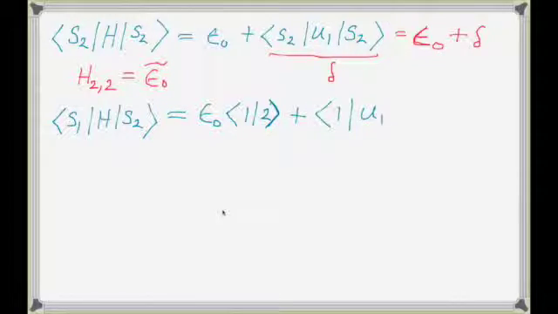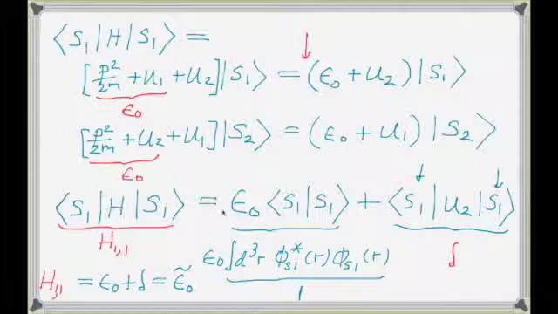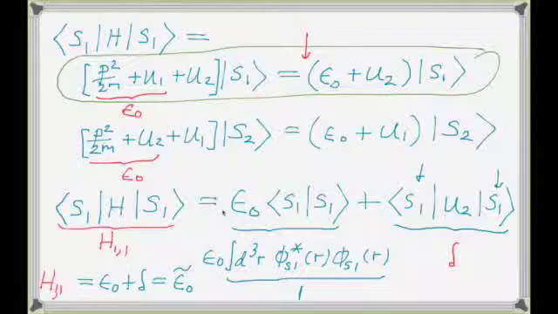1 U1 2. And this is just to make things look pretty: what I did was evaluate this first, letting H act on the right, and then hit it on the left with S1. If I now evaluate this the other way, H acting on S1 gave me this up here, and I've just taken the Hermitian conjugate of all that. But since everything is real, in this case the s orbitals are real, U is real, epsilon is real, it really doesn't matter.